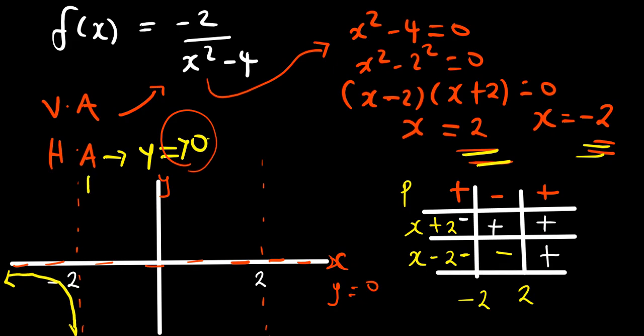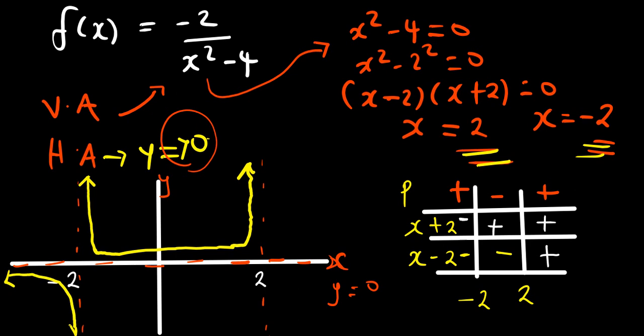We'll move from here and we'll proceed, but we're not supposed to touch the horizontal asymptote. So we'll move until again we go there, approaching this asymptote. So this will be our region, because that's positive.